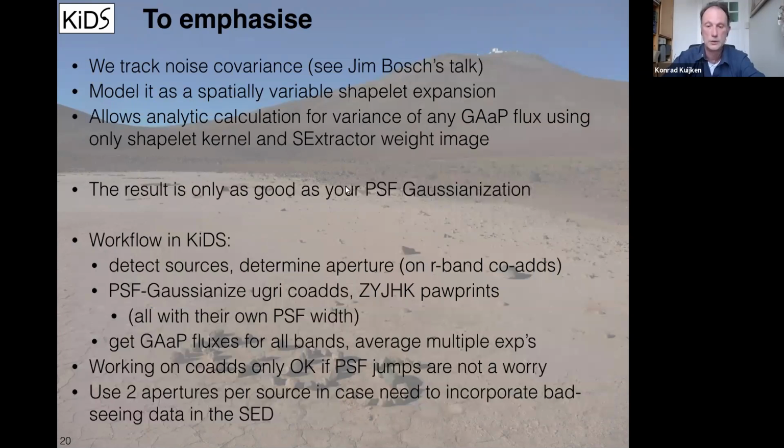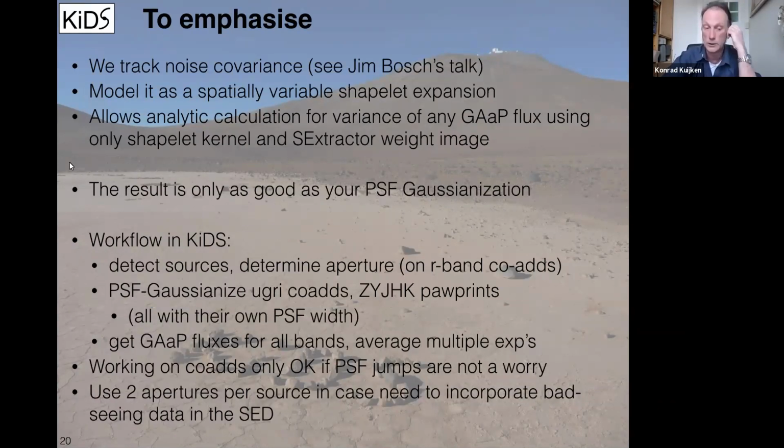All right, so let me just re-emphasize a few of the points. This process tracks the noise covariance because you keep the kernel of the Gaussianization. You model its spatial variation as well, so you can interpolate it in between the stars.